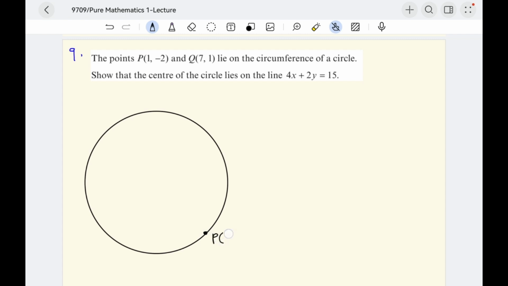Here is your P. And (7, 1), which is over here.